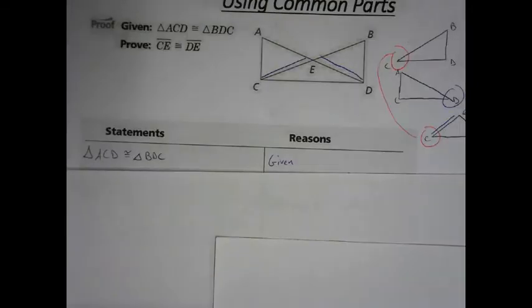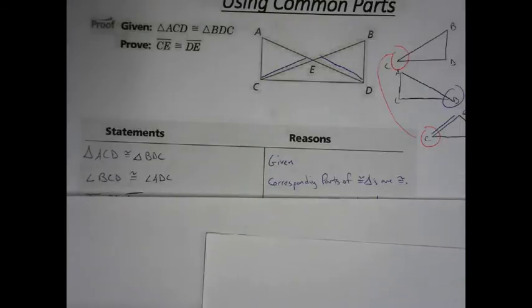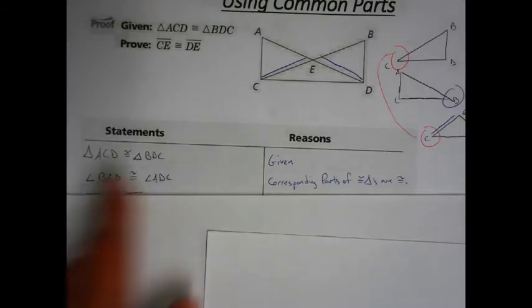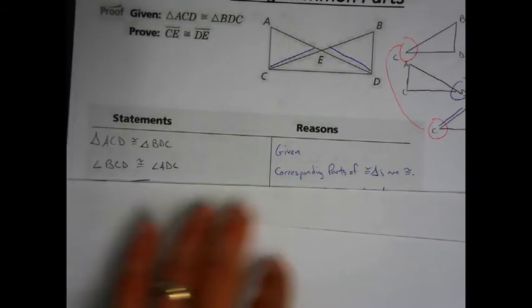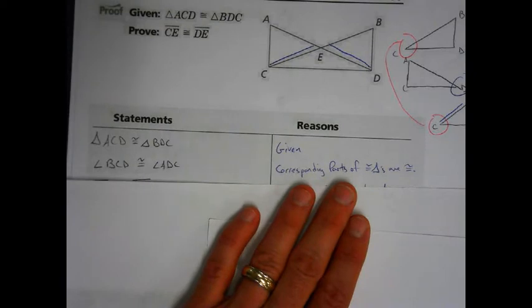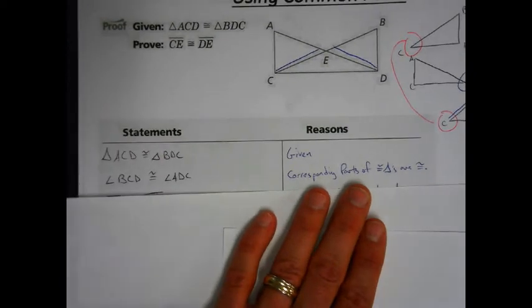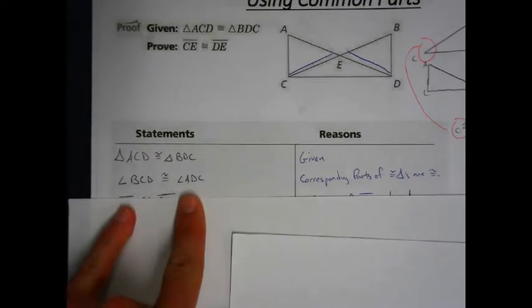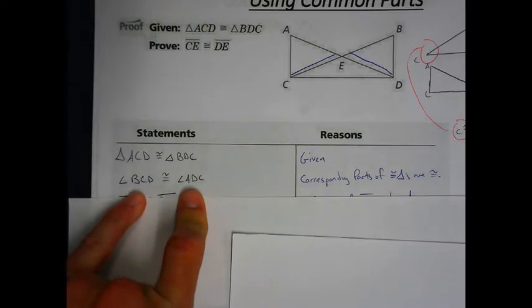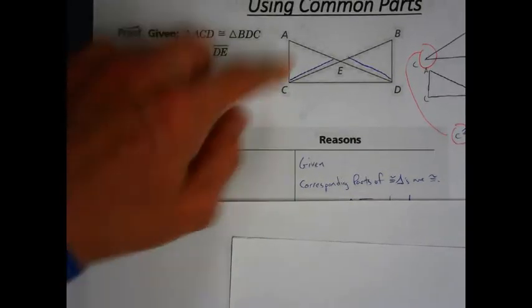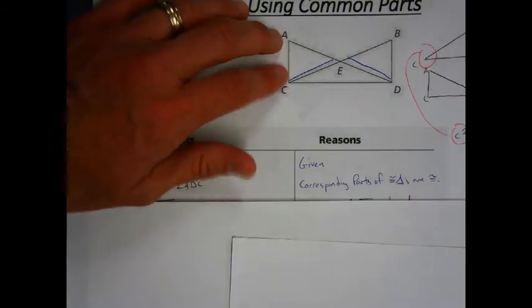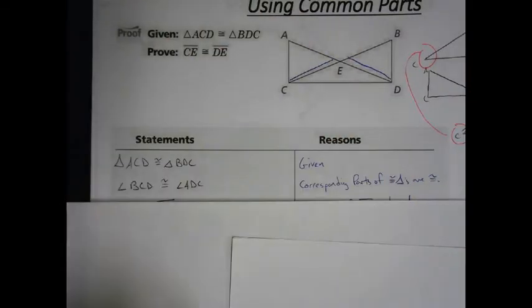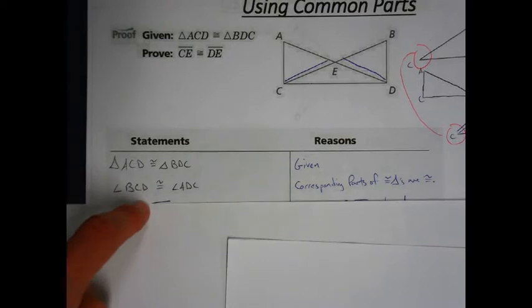So we show that angle BCD and angle ADC are congruent because corresponding parts of congruent triangles are congruent. Now be careful, we have to label these this way because you can't just call this angle C. It's part of a bigger thing. When I separate it out, it looks like angle C, but if it's all together, I have to name it very carefully.